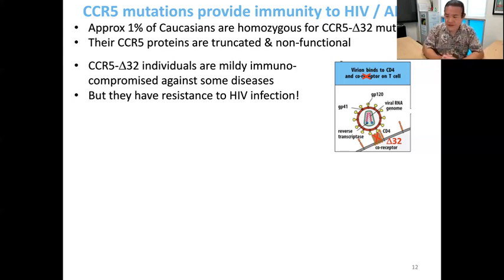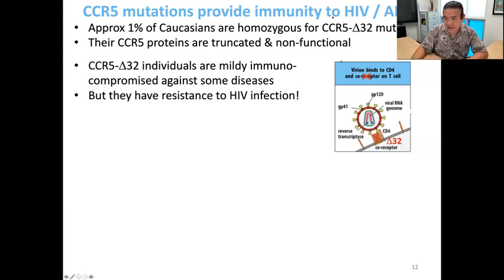So because of their ancestry, they carry this allele that causes the CCR5 protein, when it's being coded for by the gene, to prematurely stop being coded for. And so it is a truncation. In other words, at the position in the gene that would encode for the 32nd amino acid in the CCR5 protein, there is instead a mutation that puts a stop to the translation.